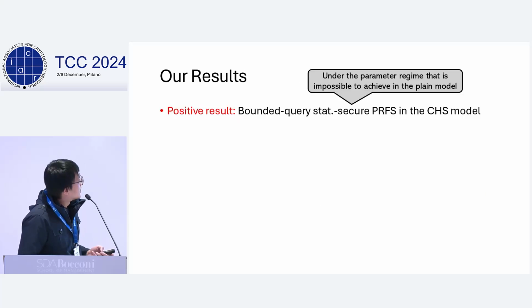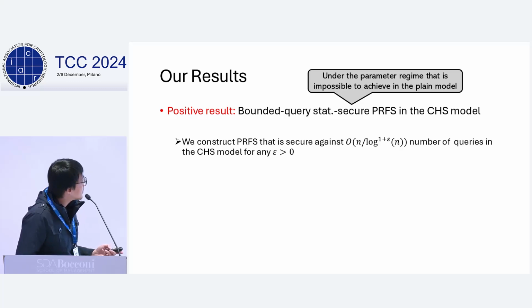Here is our result. We construct a bounded-query statistically secure PRFS in the CHS model. Importantly, it is in a parameter regime that is impossible to achieve in the plain model. In particular, this PRFS is secure against order n over (log n)^(1+epsilon) queries in the CHS model.